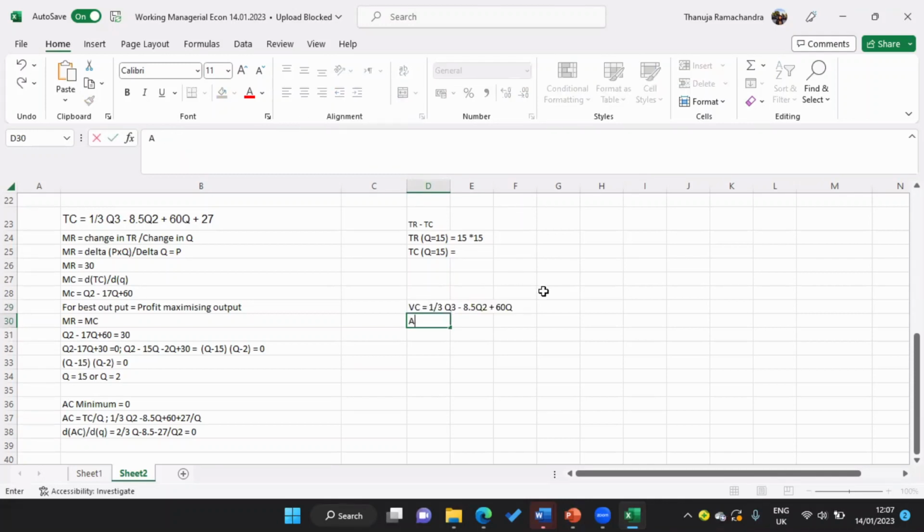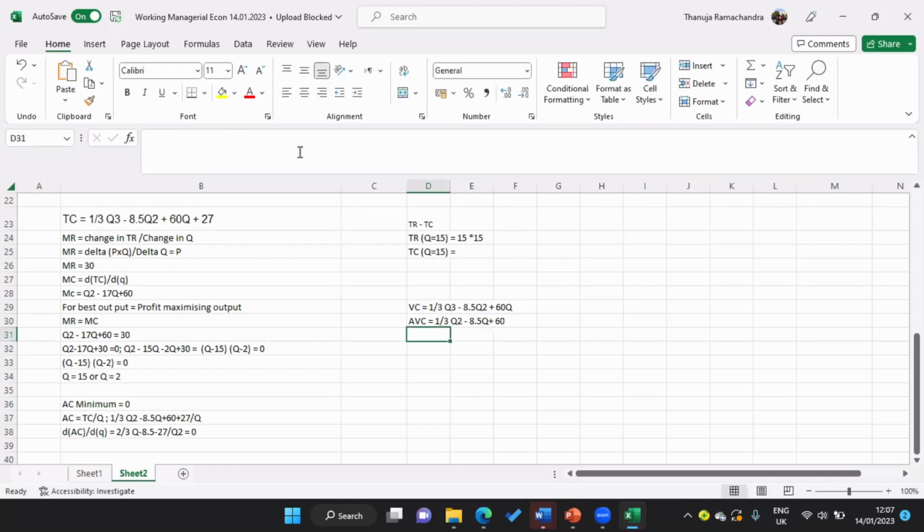Then we get the average variable cost. That is 1/3 Q squared minus 8.5 Q plus 60.